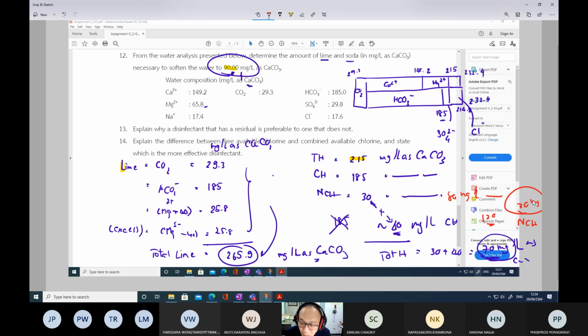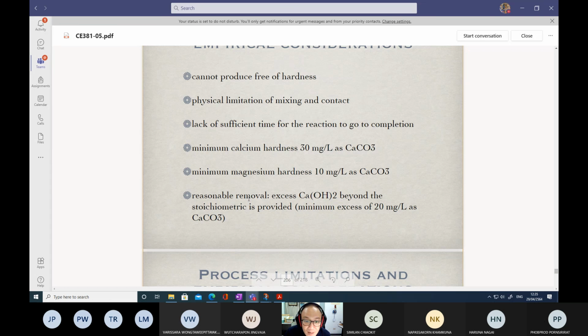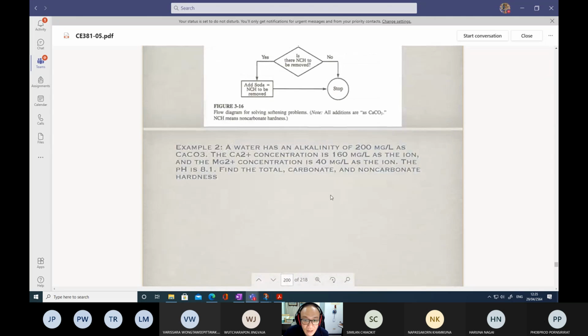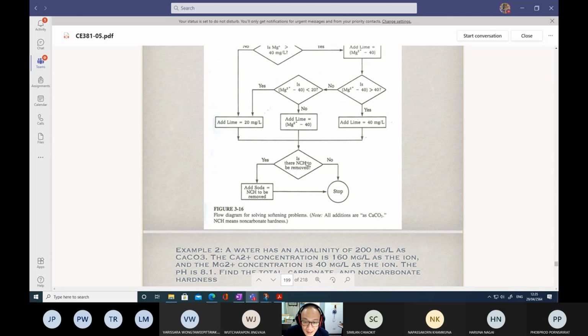If we have to remove 30 milligrams per liter as calcium carbonate of non-carbonate hardness, how many milligrams per liter of soda do we need to add? In the final step, if it exceeds the requirement, we add soda equal to the amount of non-carbonate hardness to be removed.